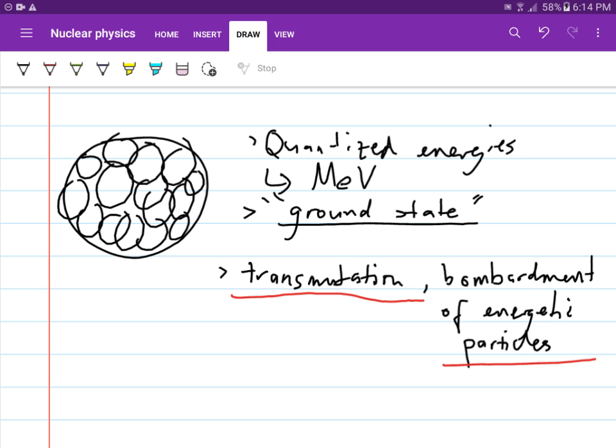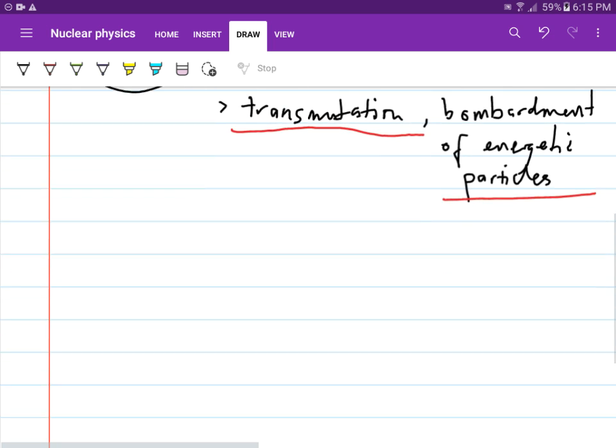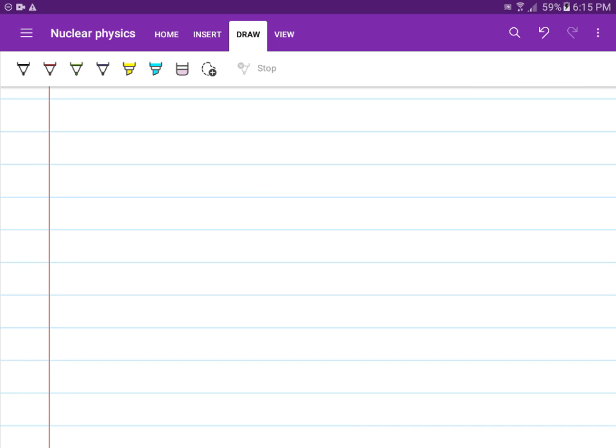Since it is quantized in this range of mega electron volts, that energy is in the form of light in mega electron volts. Light in mega electron volts is called gamma rays. So that's why in gamma decay you first need an excited nucleus.